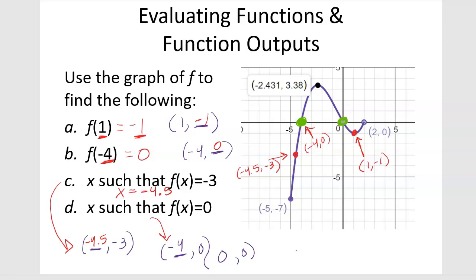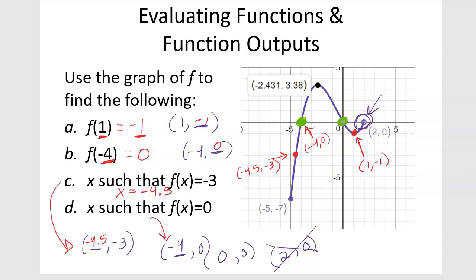Be very careful here that you don't say this point, 2, 0. What is happening there, remember, is there's an open circle, this guy right here. So you cannot actually include that. It's kind of tricky, because they're identifying that point on the graph, but because of that open circle, you actually cannot include that.